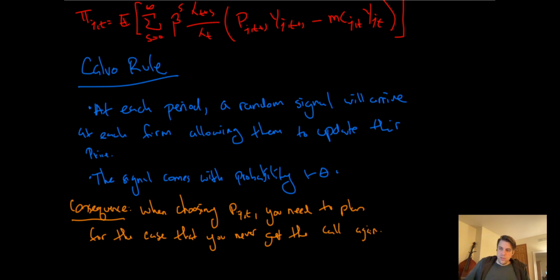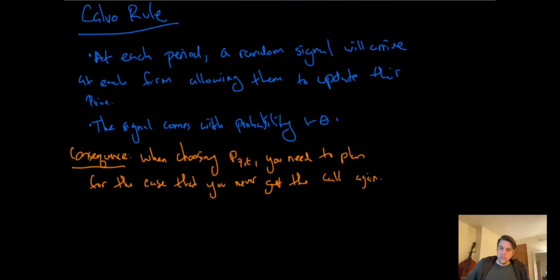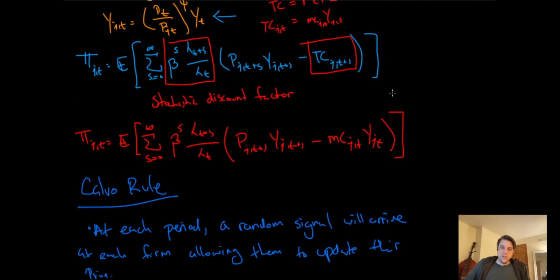So, how to think about this? This here is the best case scenario. In this case, you can update your price every day, no problem, and you will maximize pi JT. You will have the best possible pi JT.